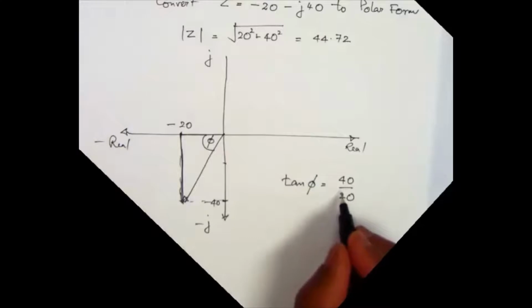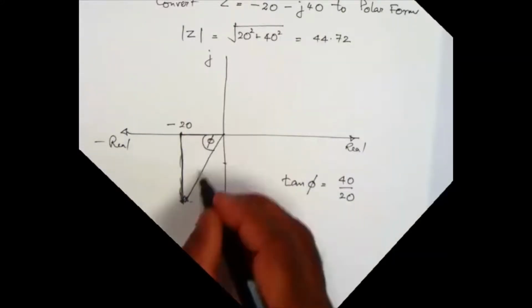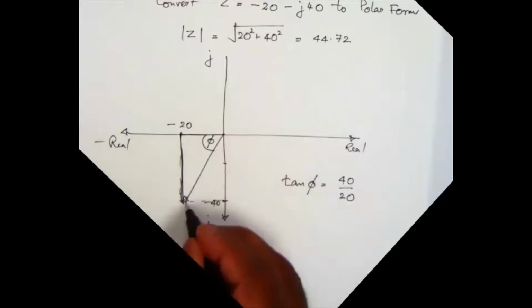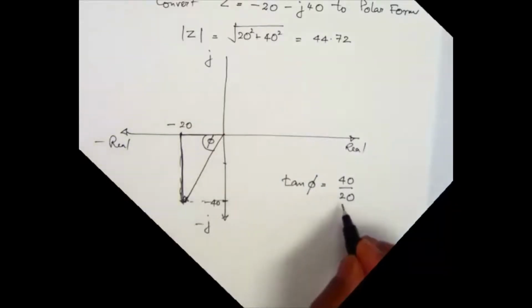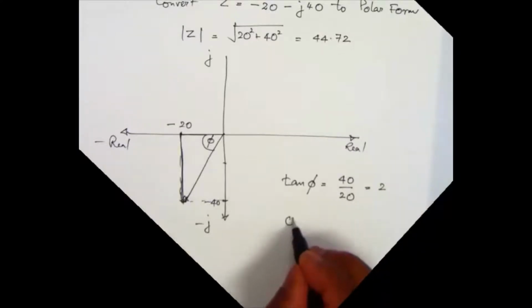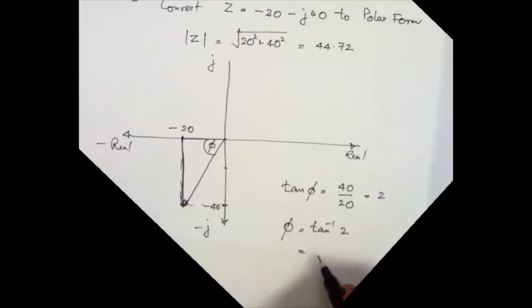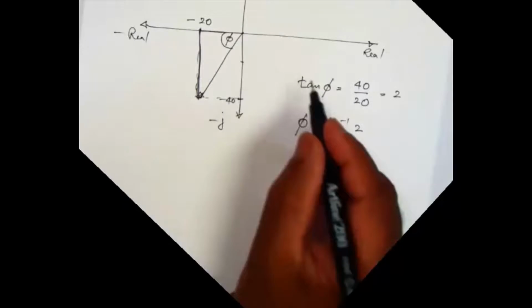Don't worry about the sign because we are interested only in the magnitude, because we already know that the vector lies in this quadrant, so it is equal to 2, and phi is equal to tan inverse 2, which gives us 63.4.